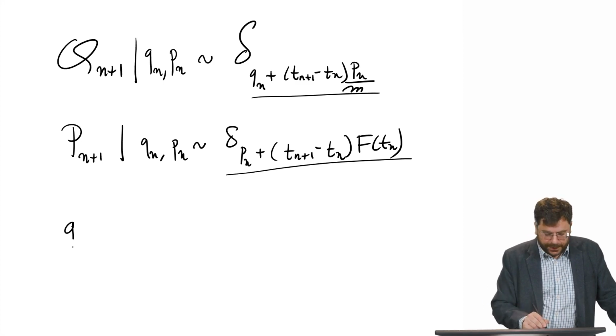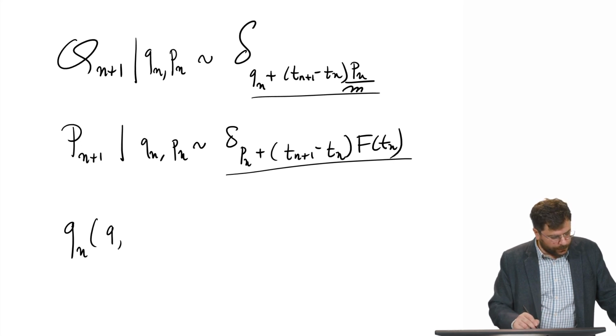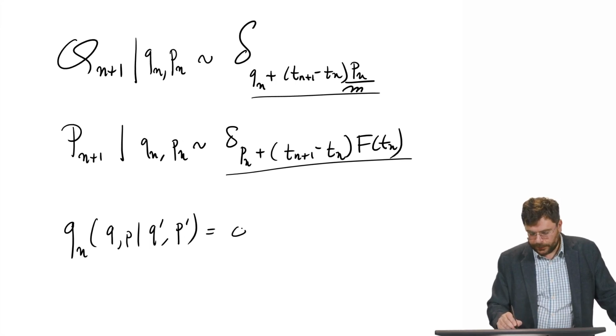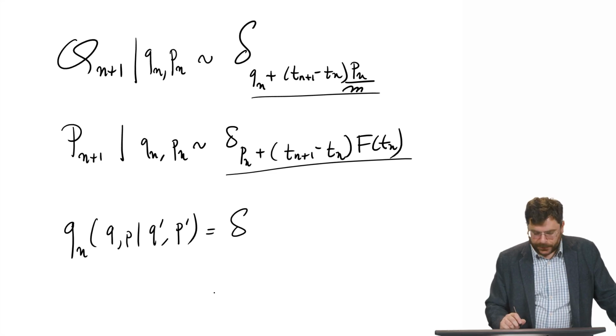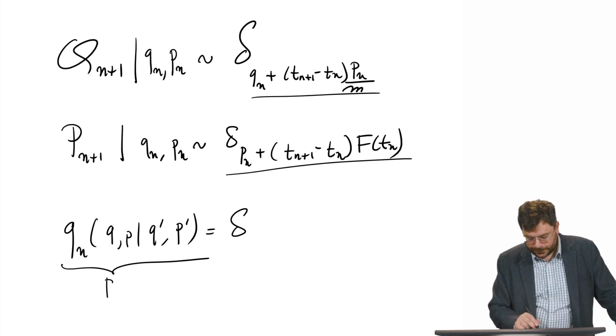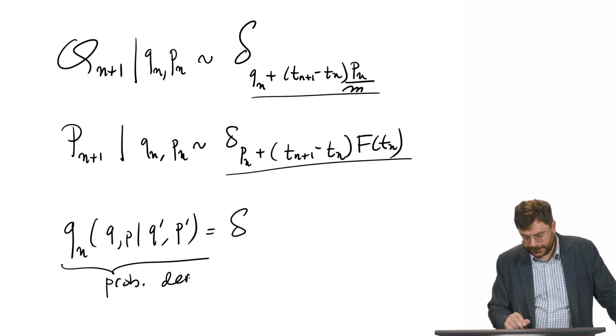And so if we were to write out the full transition probability, which will look like Q, P, Q prime, P prime, the full transition probability will simply be the product of these. This is the probability density for the transition.